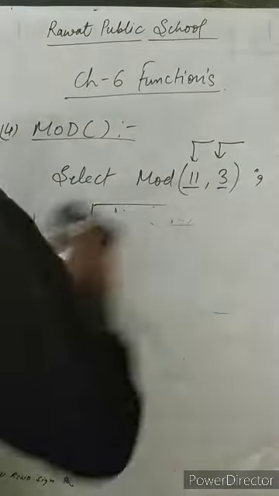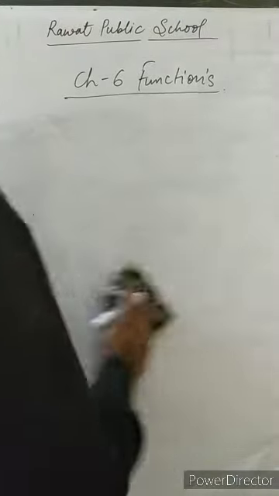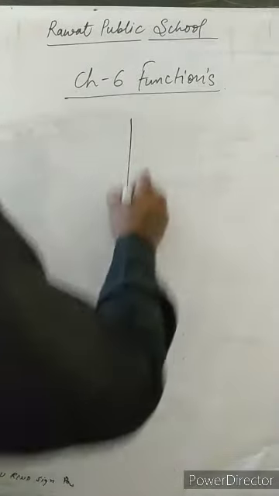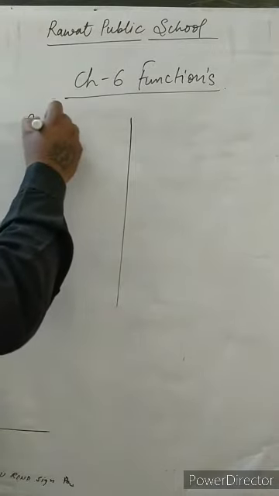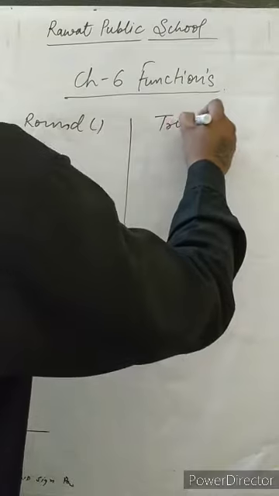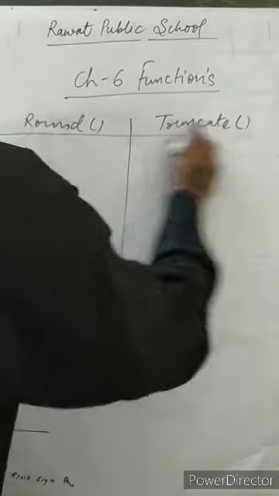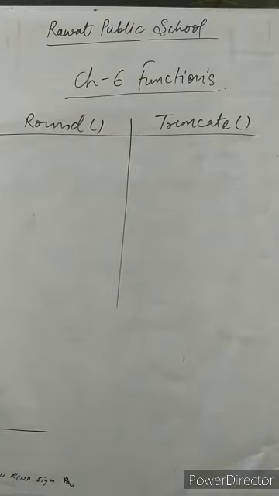Okay dear, now students, from the point of view of the exam, the most important functions are coming, that is the round function and truncate. Students, round and truncate, they are almost similar, but there are certain rules which we apply to round, which are not applied with truncate.